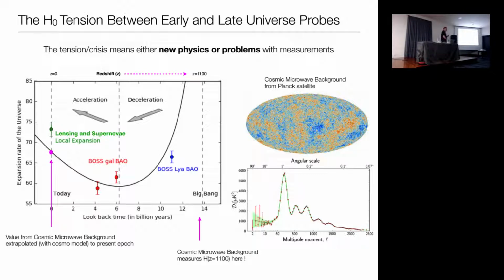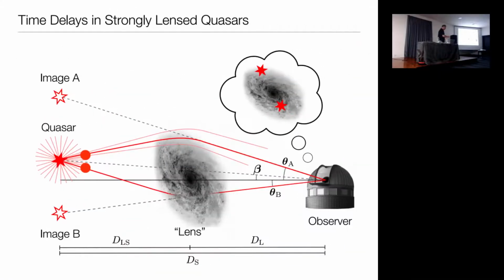Lensing is very nice because it's a single step method: no ladder, no calibration, no dust extinction, no nothing, but you still have kinematics, and I will show what they are. First, what's the phenomenon? If you have an observer, a source, and a lens, the arrival time of photons from the source to the observer will be different along different optical paths, for two reasons.